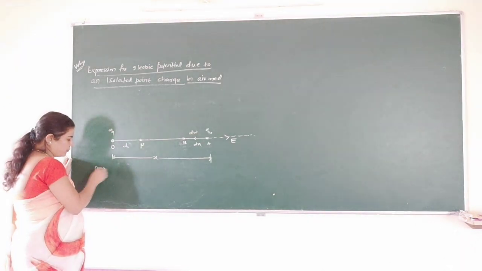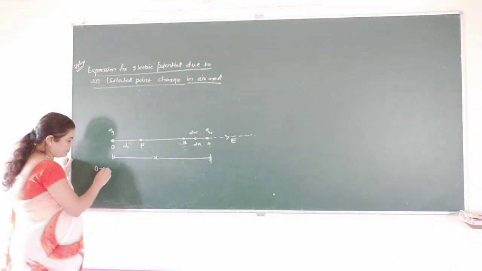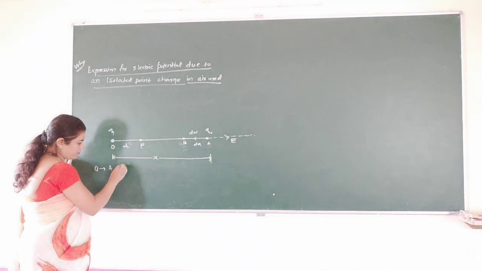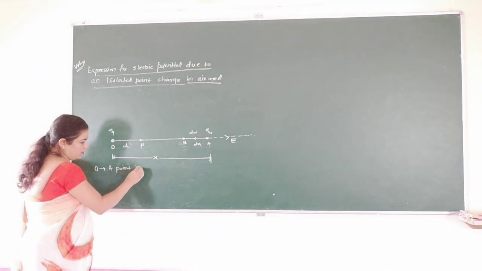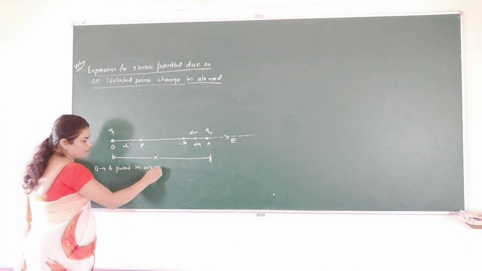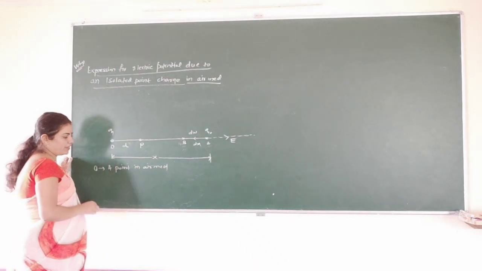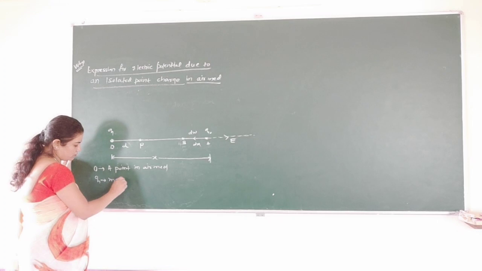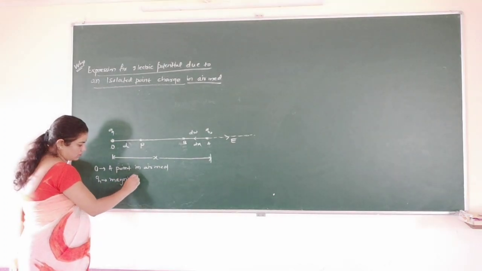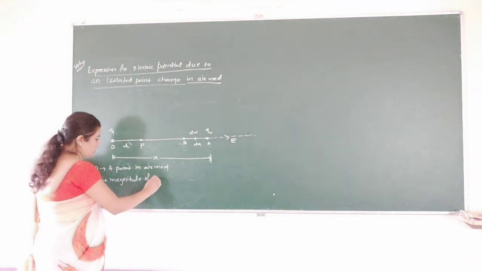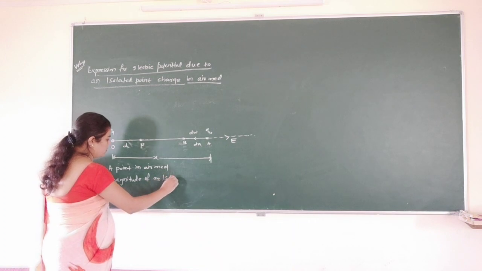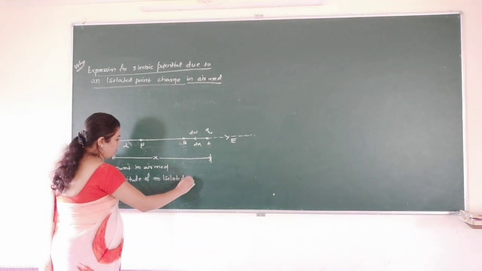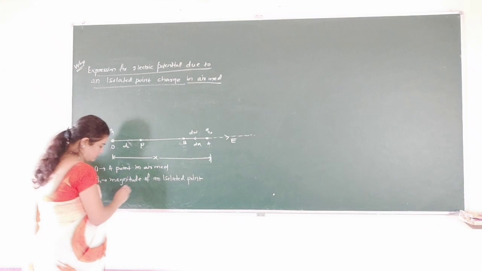O is a point in air medium. Q is an isolated point charge.